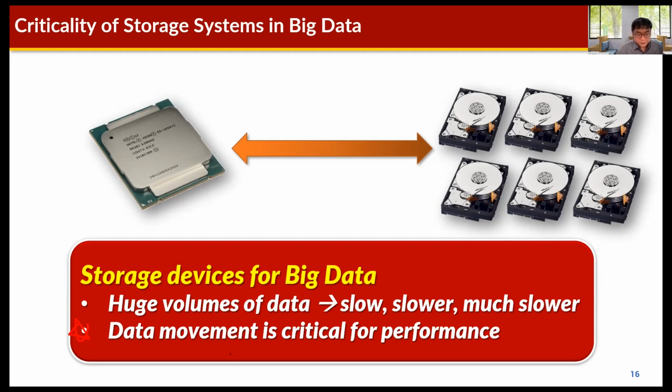Computer architects focus on the performance of processing engines, because it's very critical for the performance of computer systems. So in order to improve the performance of computer systems, what do we do? We can buy better processors, like better Intel CPUs, and change the CPUs in our desktop computers or supercomputers.